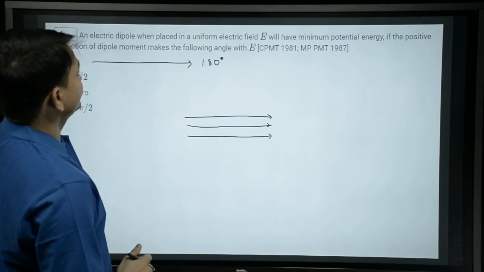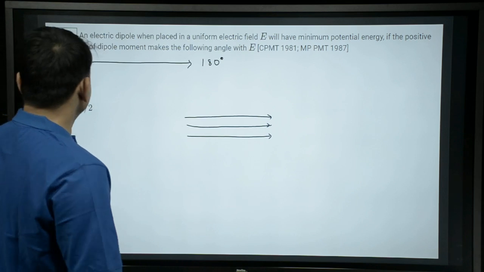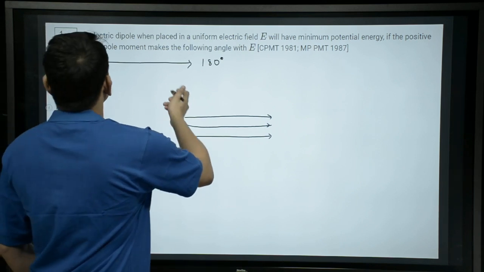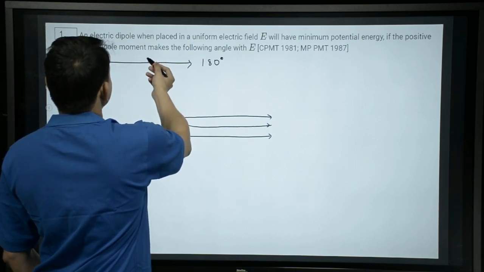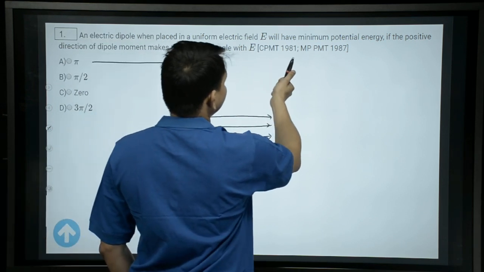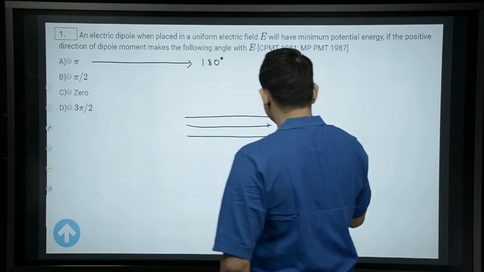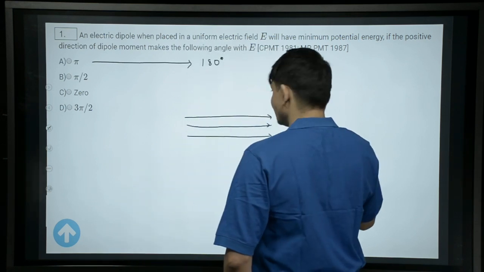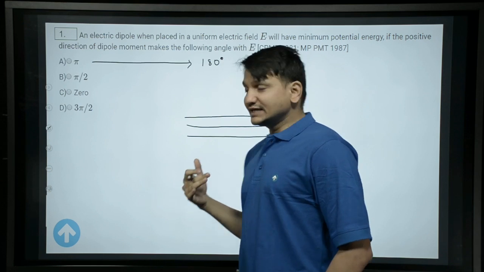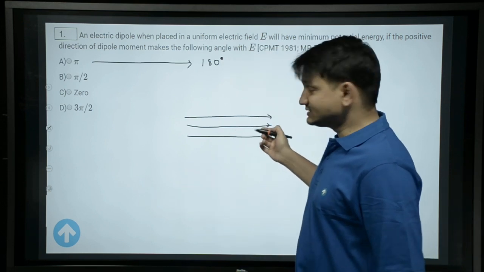Will have a minimum potential and direction of dipole makes the following angle with E, the positive direction of dipole. Okay, so let's say that dipole is something like this.